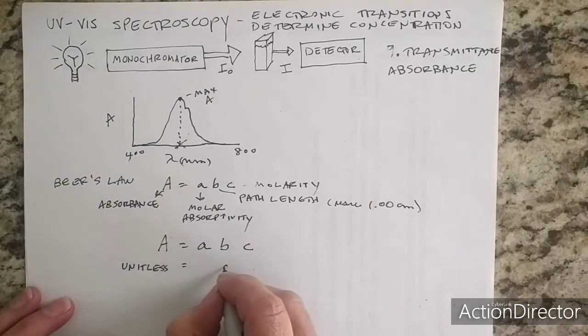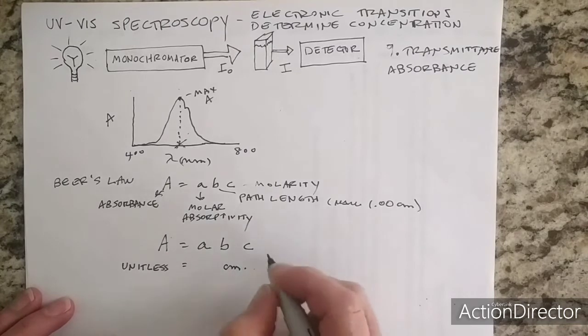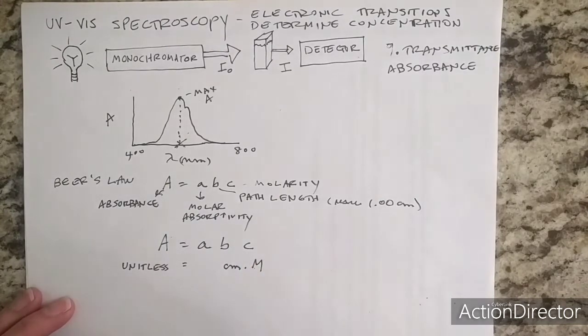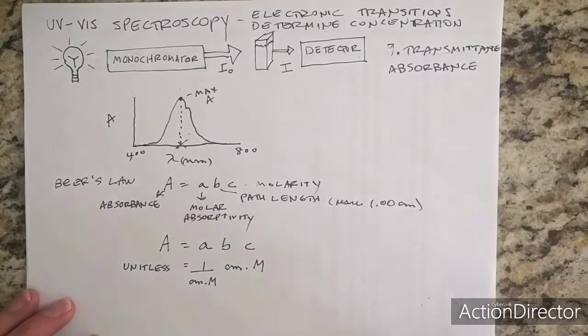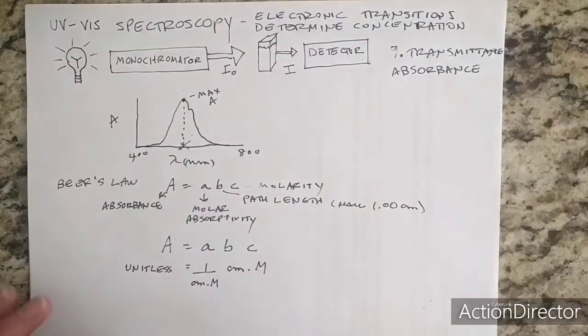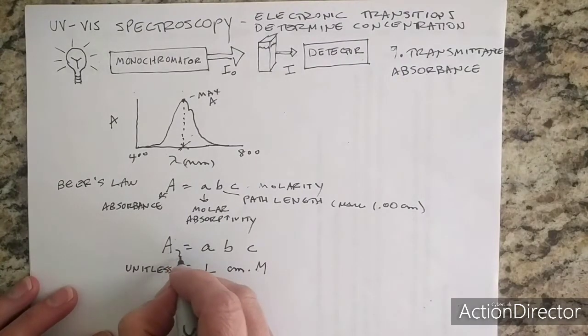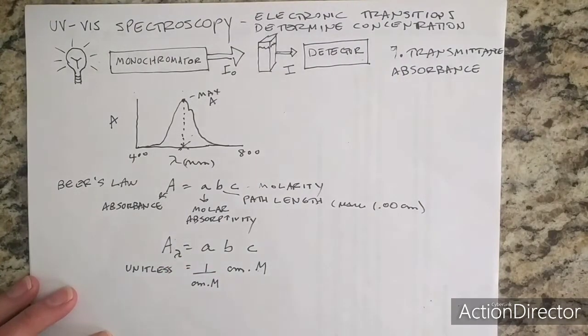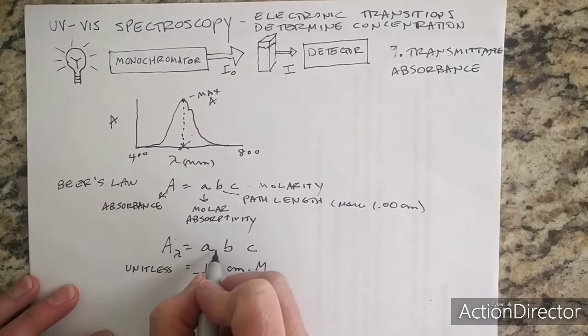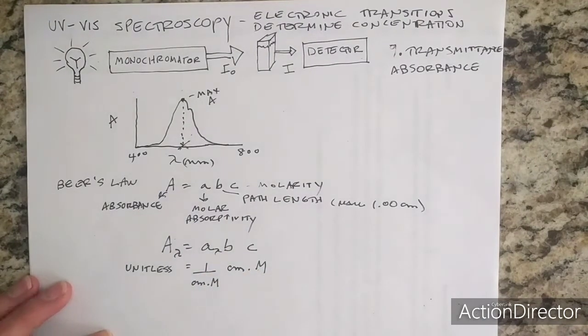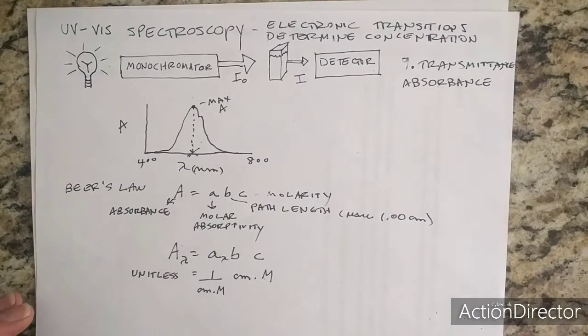So b, usually in centimeters, c in molarity, so that means that our constant has to be 1 over centimeters times molarity for the unit. And I do want to emphasize that this absorbance is for a specific wavelength. As the wavelength changes, the absorbance changes, as shown by this graph up here. So this constant will also be only good for a particular wavelength.